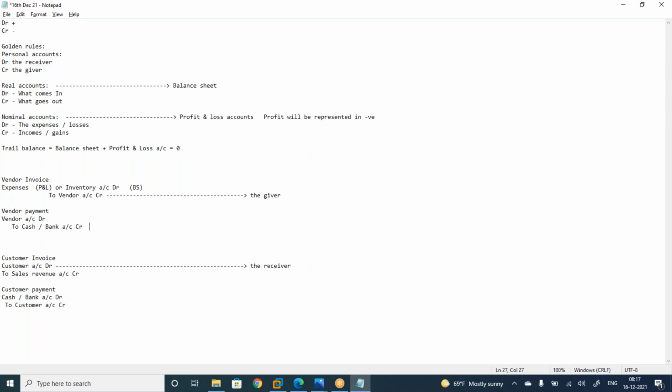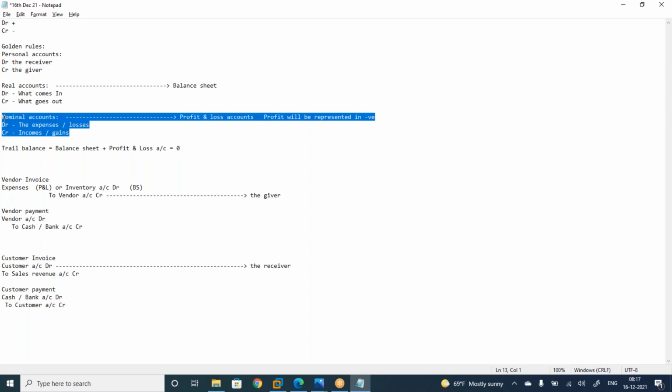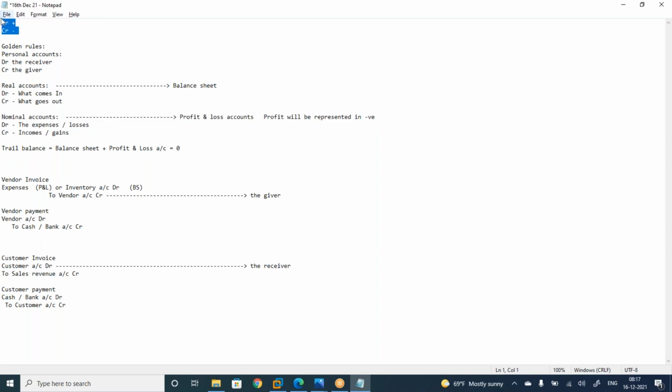So Rajendra, any confusion? Got it. Thank you. Okay. Many people will be confused about this one only. So here debit means positive, credit means negative, but the profit is showing negative. That is what we miss in our BCom learnings.